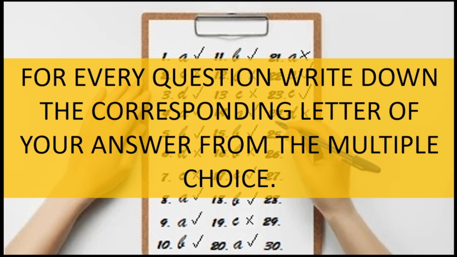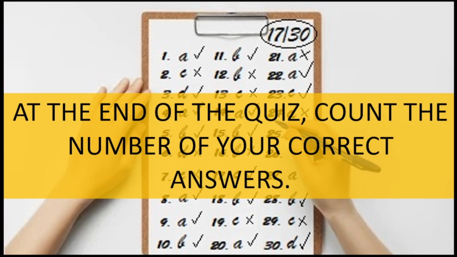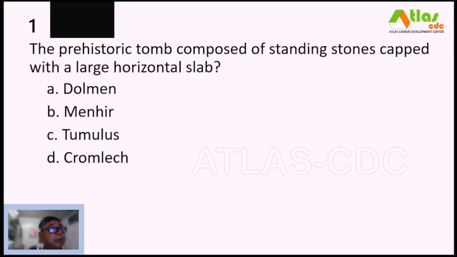For every question, write down the corresponding letter of your best choice or answer from the multiple choice, and you will be given 10 seconds to finalize your answer. At the end of the quiz, count the total number of your correct answers and check your score rating. So if you are ready, we can now start.